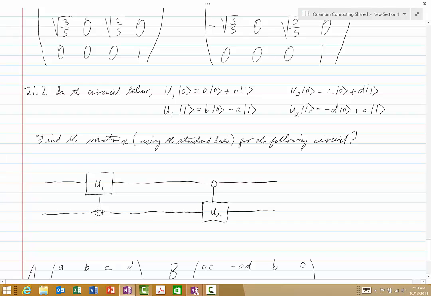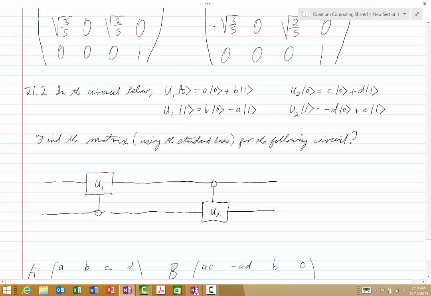Here we have this setup, which means that this is not activated unless the second qubit is 0, and this one is not activated, or when I say not activated, I mean it doesn't affect the first qubit. So this will not affect the first qubit unless the second qubit is 0, and this one will not affect the second qubit unless the first qubit is 0.